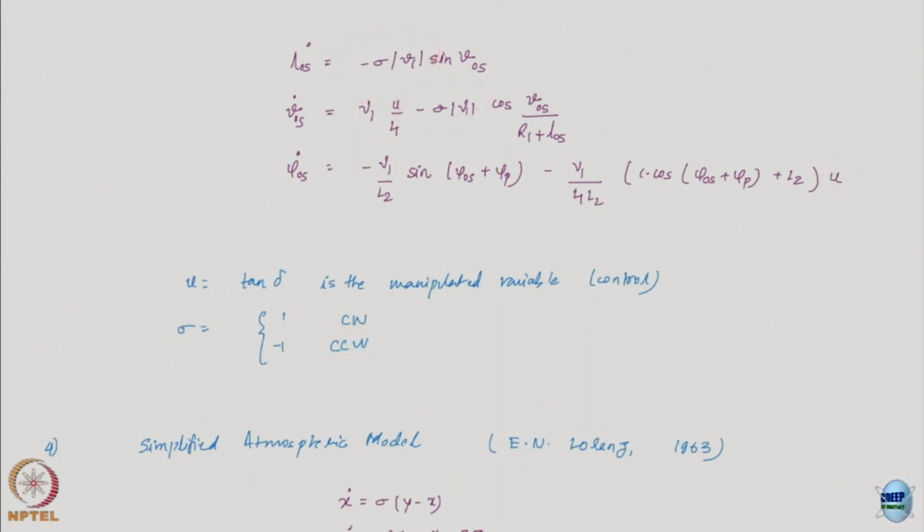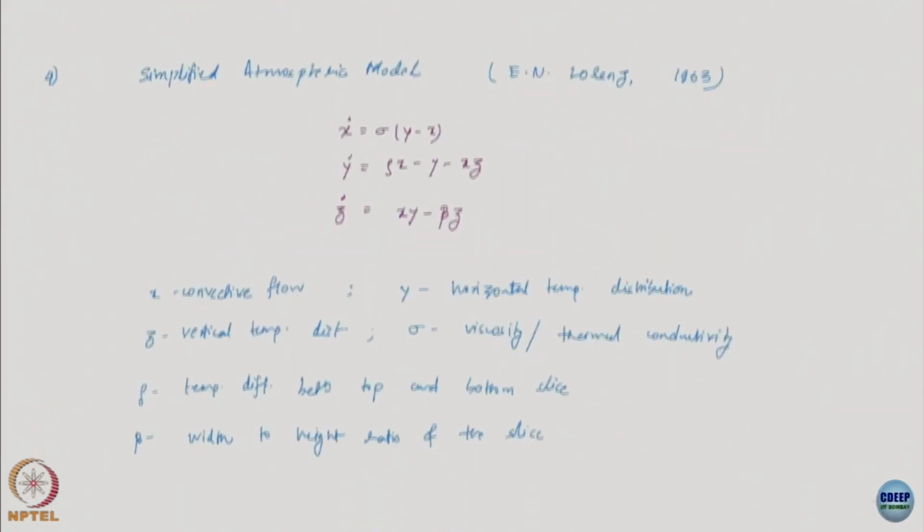Then you have this Lorentz atmospheric model. This is basically saying how the layers in the atmosphere move around. You can see these examples are from a very wide range of areas. X is basically the convective flow, Y is the horizontal temperature distribution, and Z is the vertical temperature distribution.